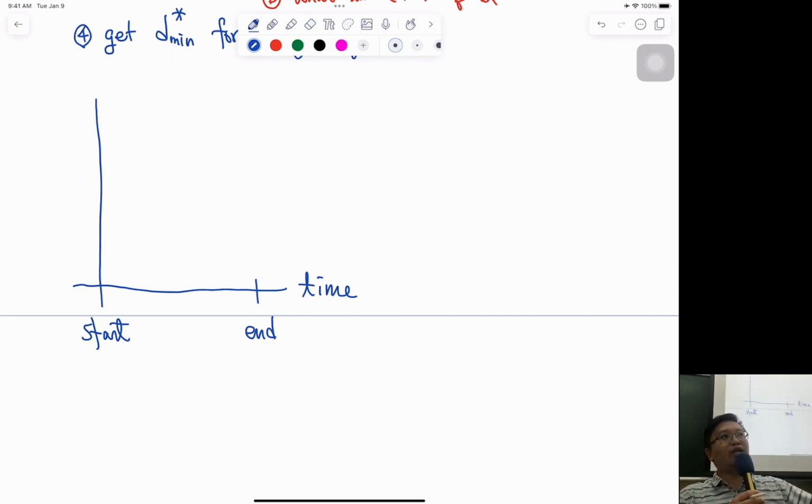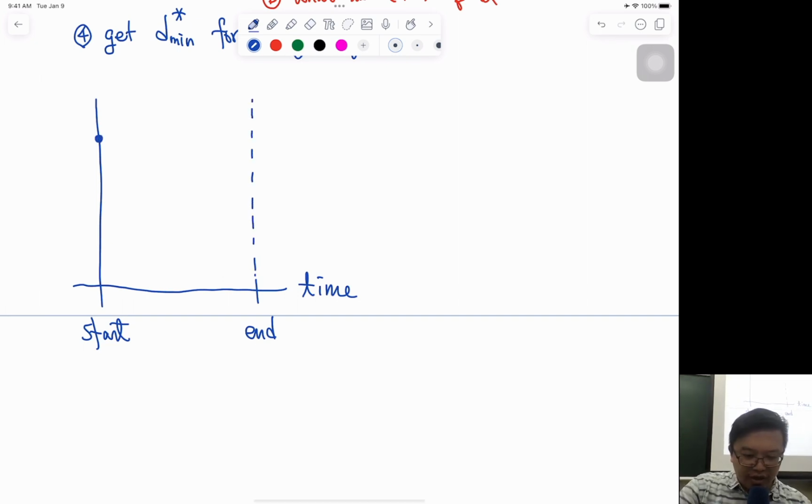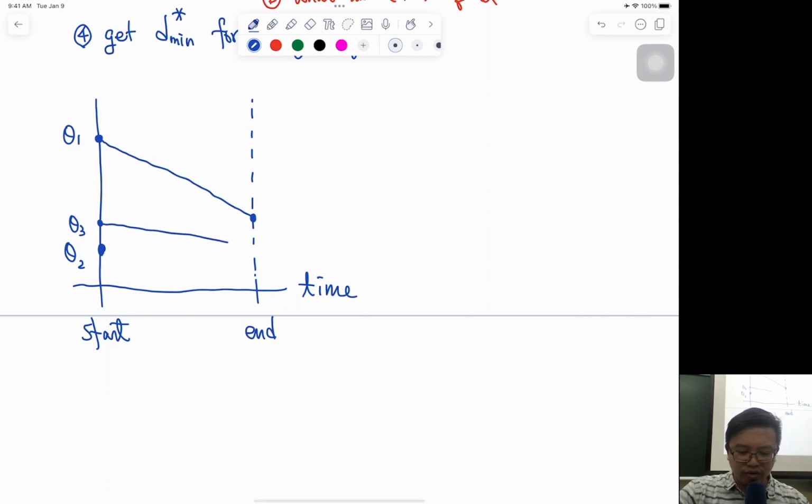So my joint angles linearly change from the start to the end. So let's say this is my theta 1, maybe my theta 2 is here. Just a random example. Maybe theta 3 is here. Let me just draw 3 of them. And maybe at the end, I need to change my joint angles in such a way. Okay?